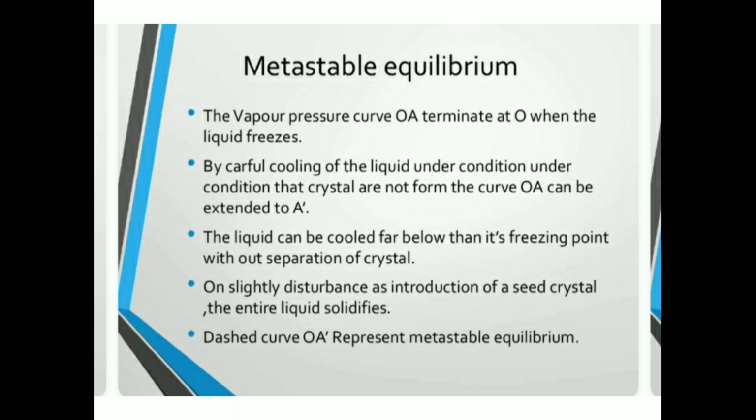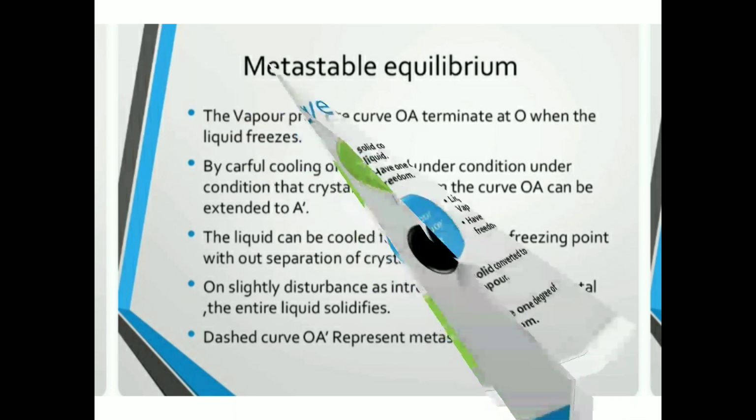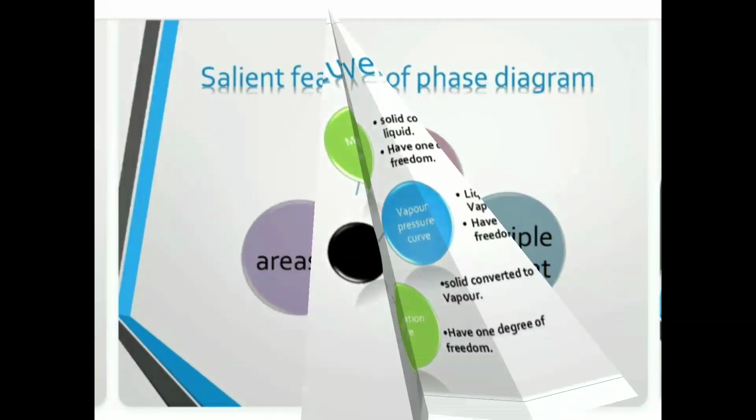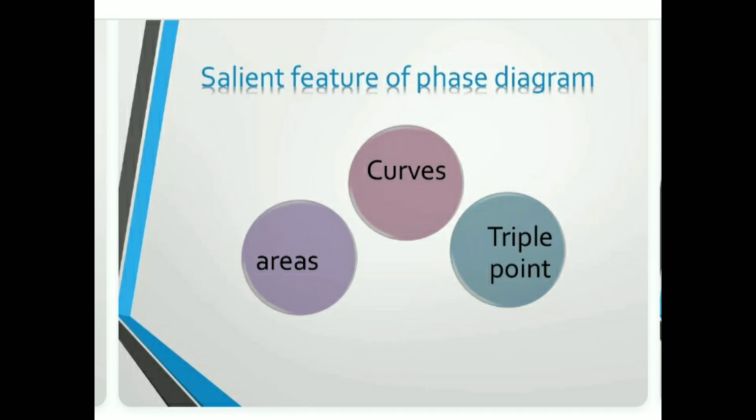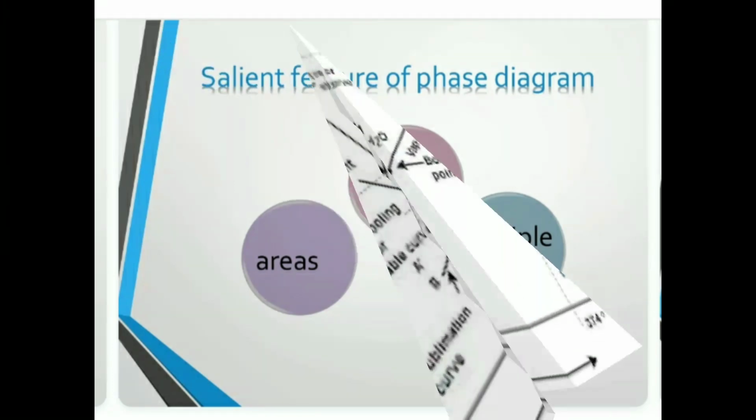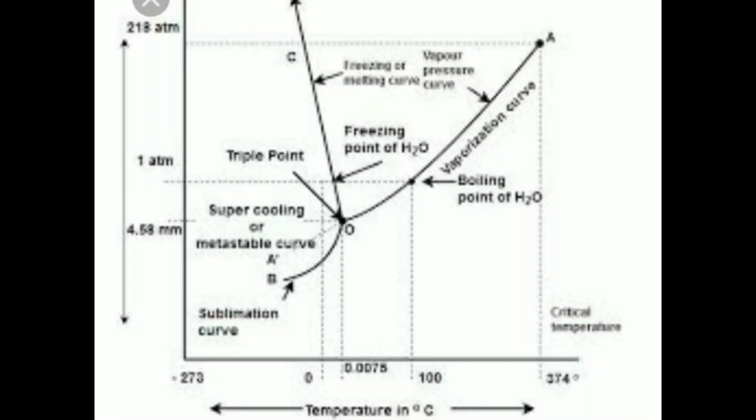Next we see about areas. The areas AOC, BOC, AOB represent water, ice and vapor respectively. In order to define the system at any point in the areas, it is essential to specify both temperature and pressure.